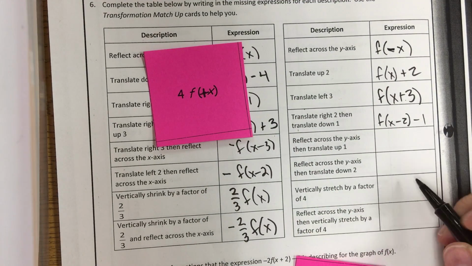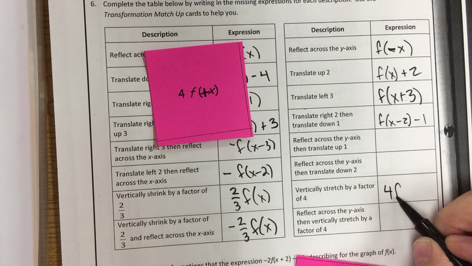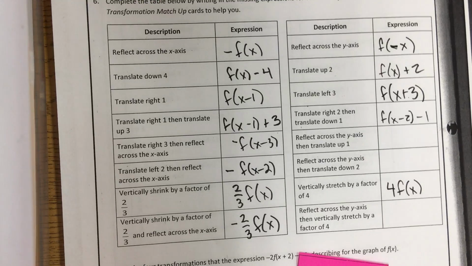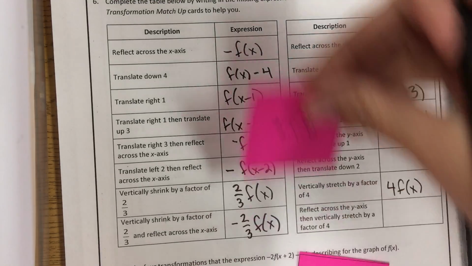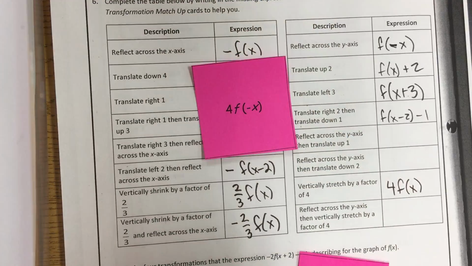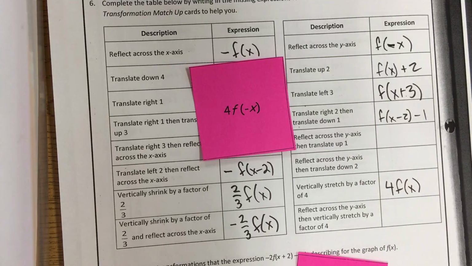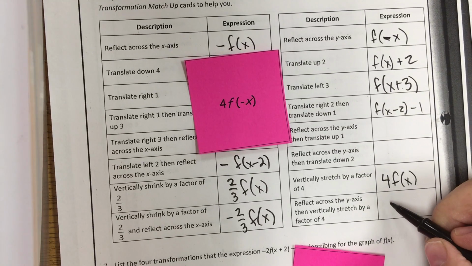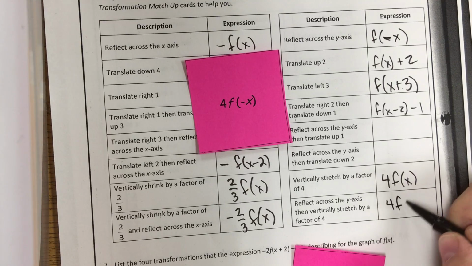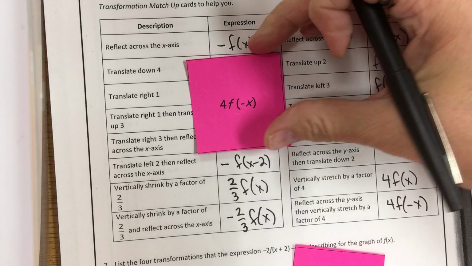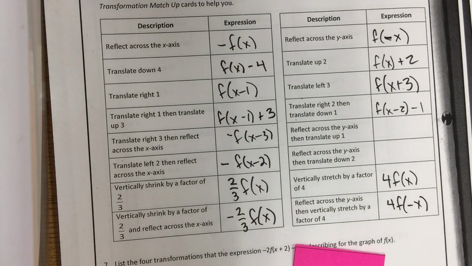So right here I have a vertical stretch, so 4f of x. Then I'm going to take the one that's almost the same as the one I just showed, except this time it has a negative sign, so that means I'm reflecting over the y-axis also. So 4f of negative x, because that negative means I'm reflecting over the y-axis.